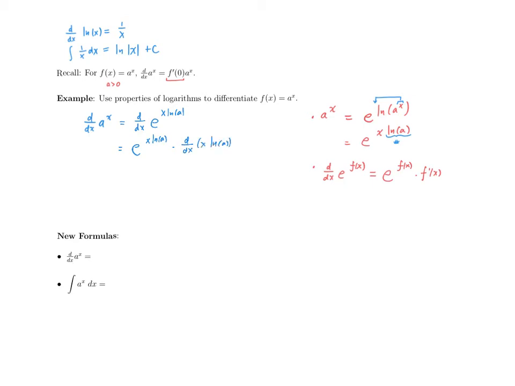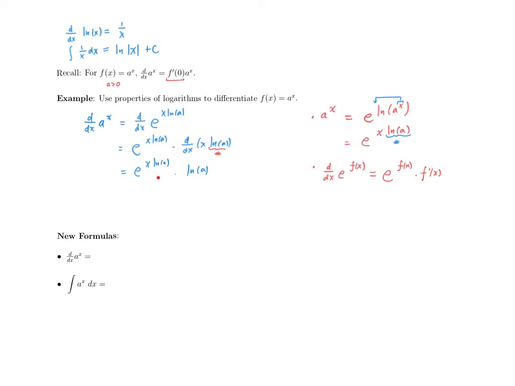But remember in this case, natural log of a is simply a constant. And the derivative of x times a constant is simply that constant. So what we are left with is e to the x natural log of a times the natural log of a. And I just want to rewrite this in an even nicer form.